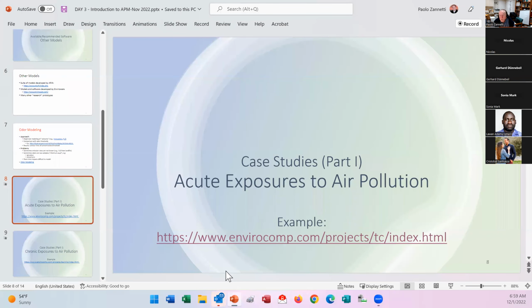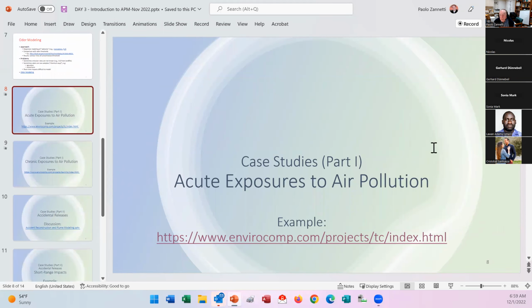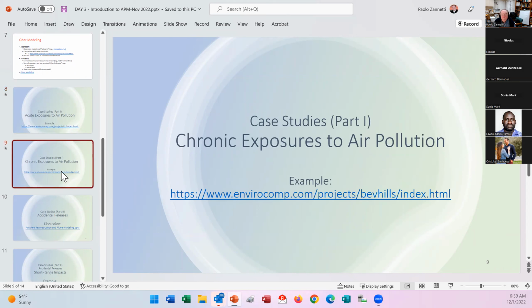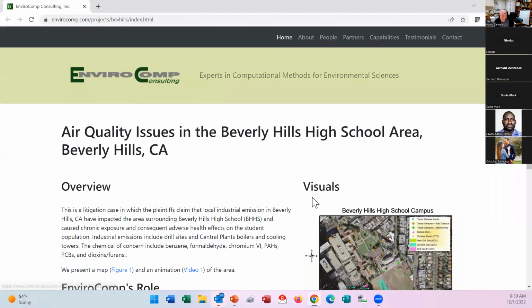So there are some lessons here that can be learned in the future. If you study an accident, you have to be very careful. Another project is completely different, because the first one I showed you was just a few hours of impact, just a few hours.